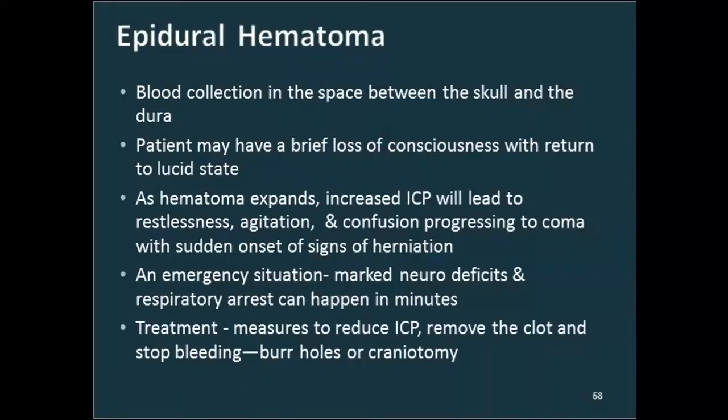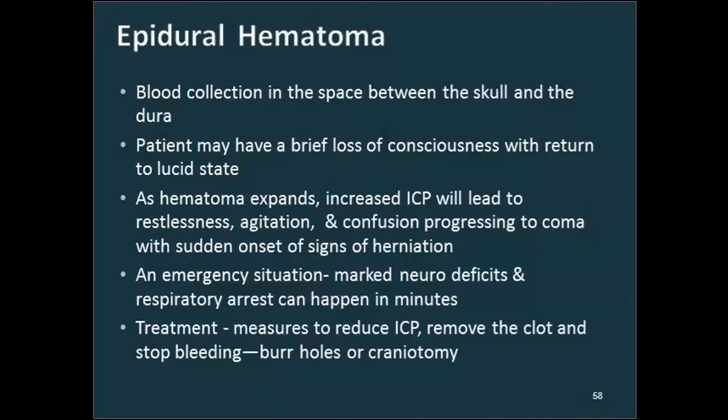Okay, so if we're talking about intracranial hemorrhage, the first type I told you about was epidural hematoma. So these intracranial hemorrhages, this is not actually bleeding inside the brain tissue.